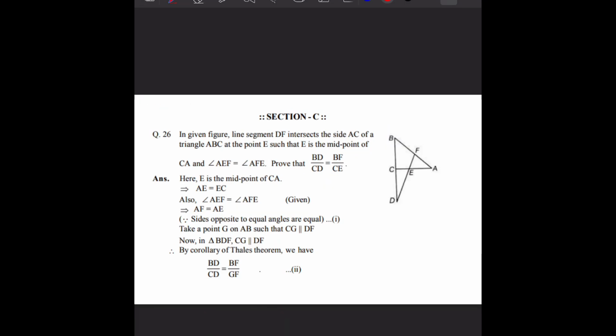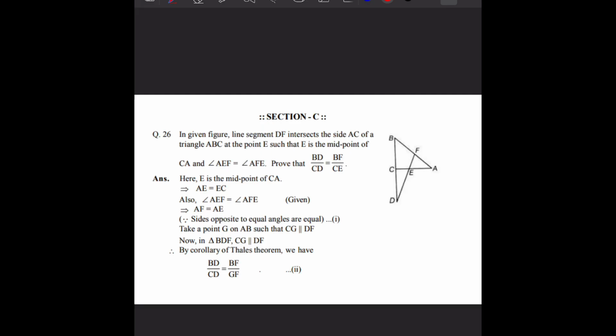Section C, question number 26. In a given figure, line segment DF intersects the side AC of a triangle ABC at a point E such that E is a midpoint. If E is a midpoint of CA, this side is equal to this side.